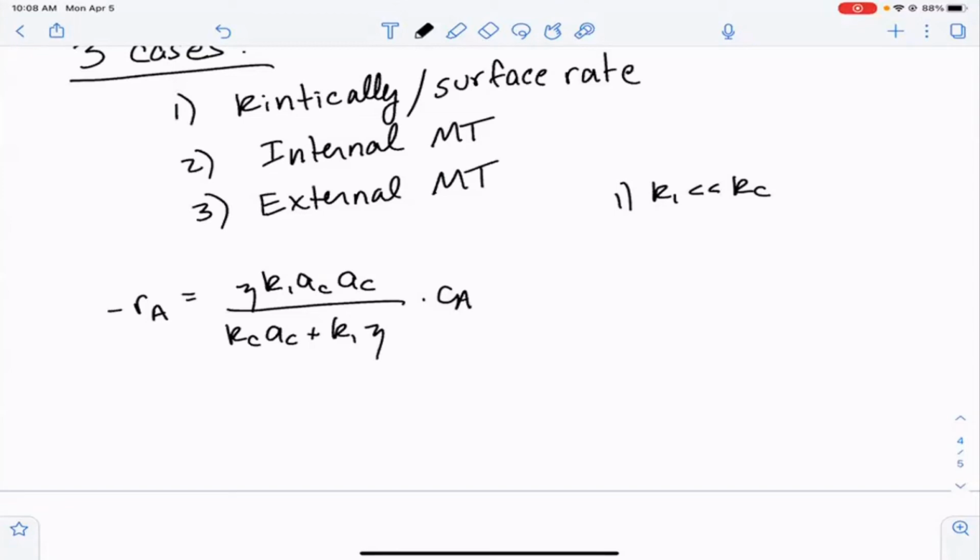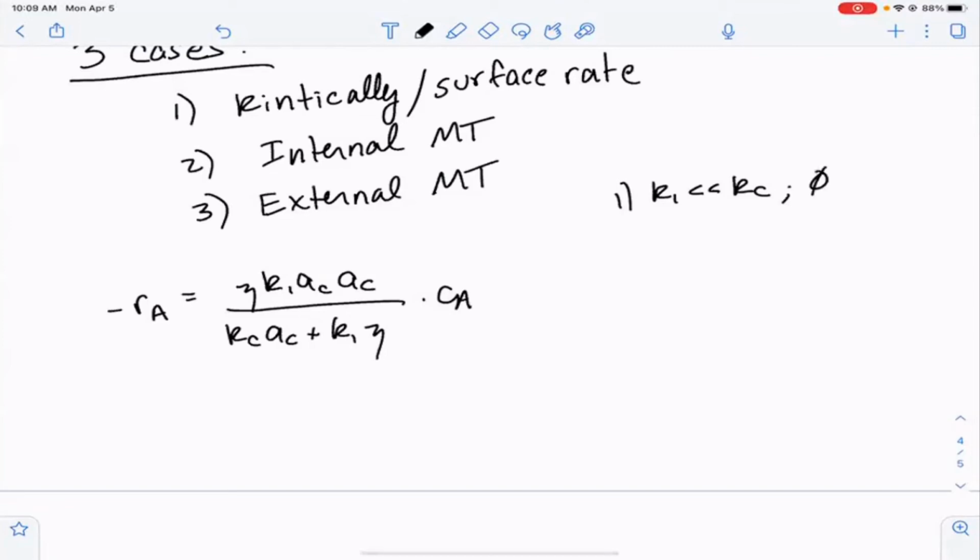Now, in the context of what we've done between the last lecture and today, that also means that if the surface rate was limiting, the concentration inside of the particle would be equal to the bulk concentration, right? This is our discussion about the small value of the Thiele modulus.